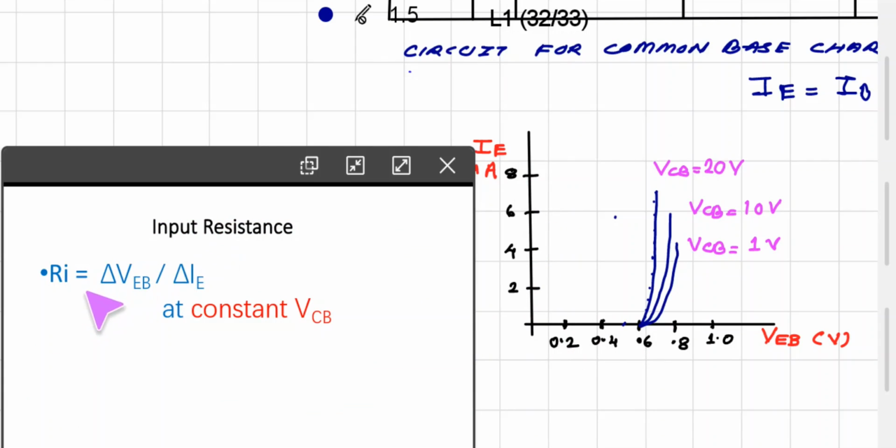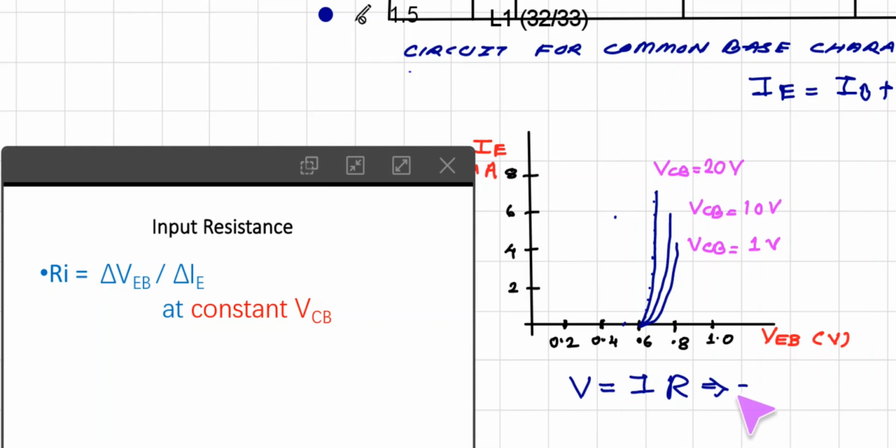Input resistance Ri is delta VEB upon delta IE. According to Ohm's law V is equal to IR, so obviously R is equal to V upon I. Here the voltage applied is the voltage across emitter base and the current we are measuring is IE. So input resistance is delta VEB upon delta IE at constant VCB.